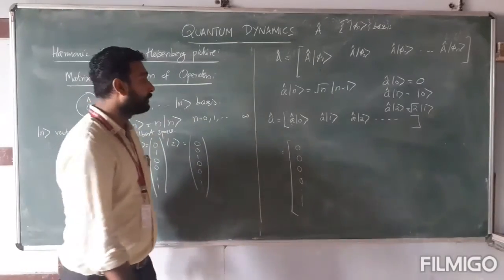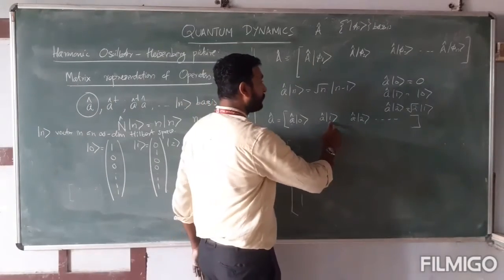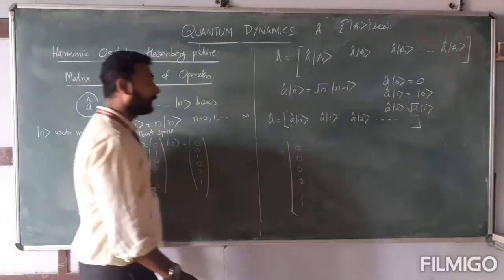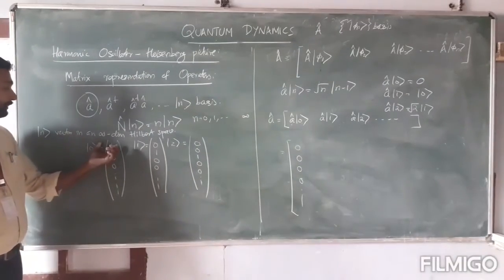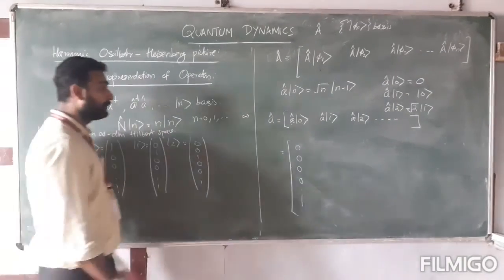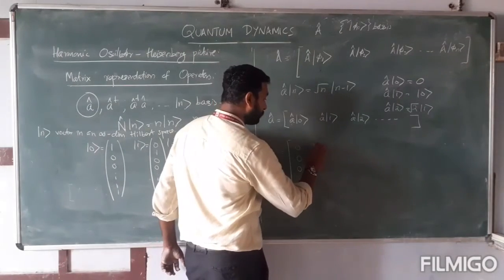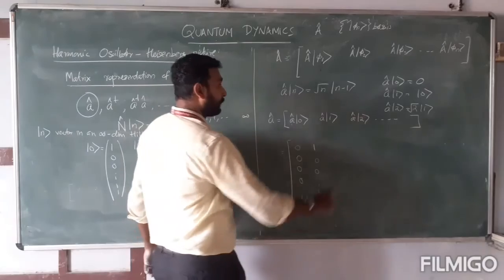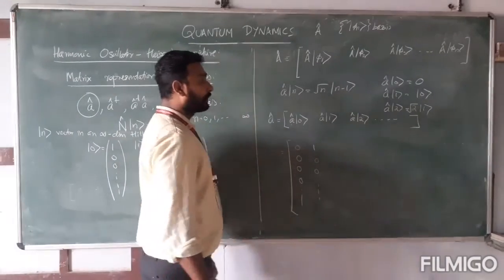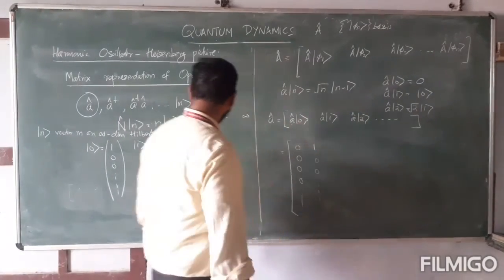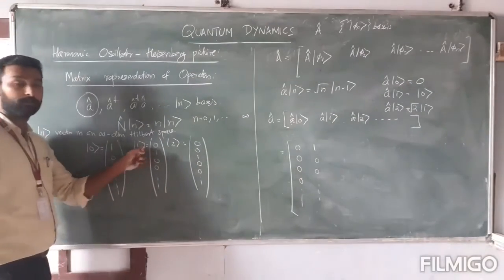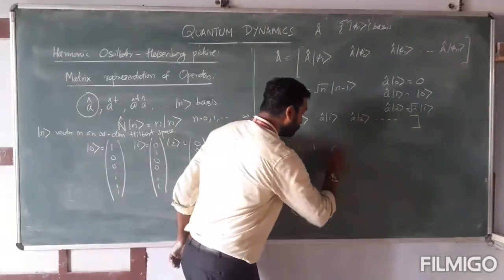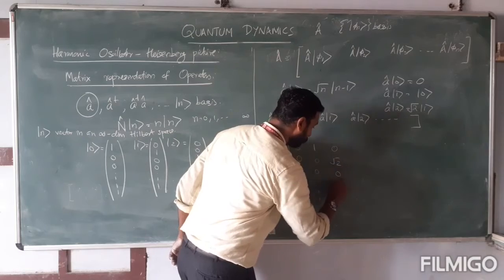And A acting on ket 1 will be ket 0, so it is a ket 0 vector. So the first element is 1, and all others are 0. And A acting on ket 2 is root 2 times ket 1, so that would be 0, root 2, 0, etc.